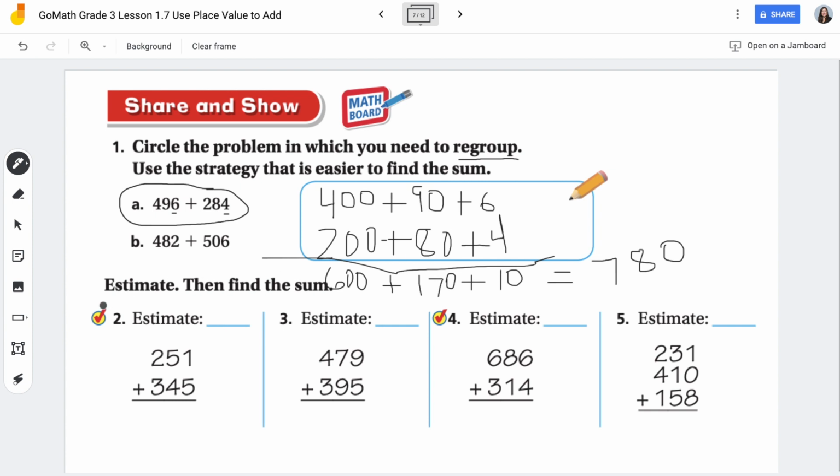All right, I'm going to want you to check. I want you to make an estimate and then find the sum for 2 and 3 and 4 and 5. Pause between each one and check your answers.